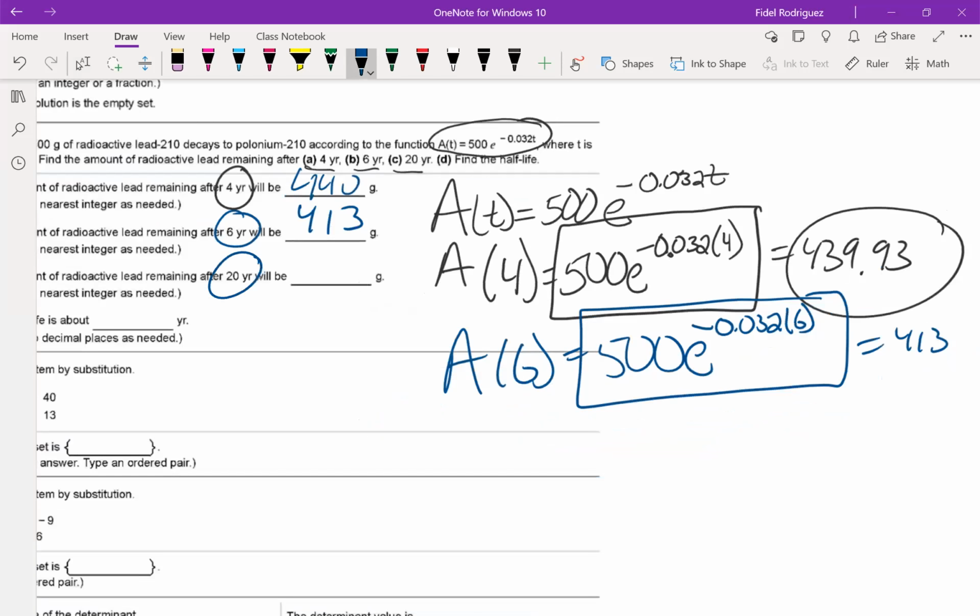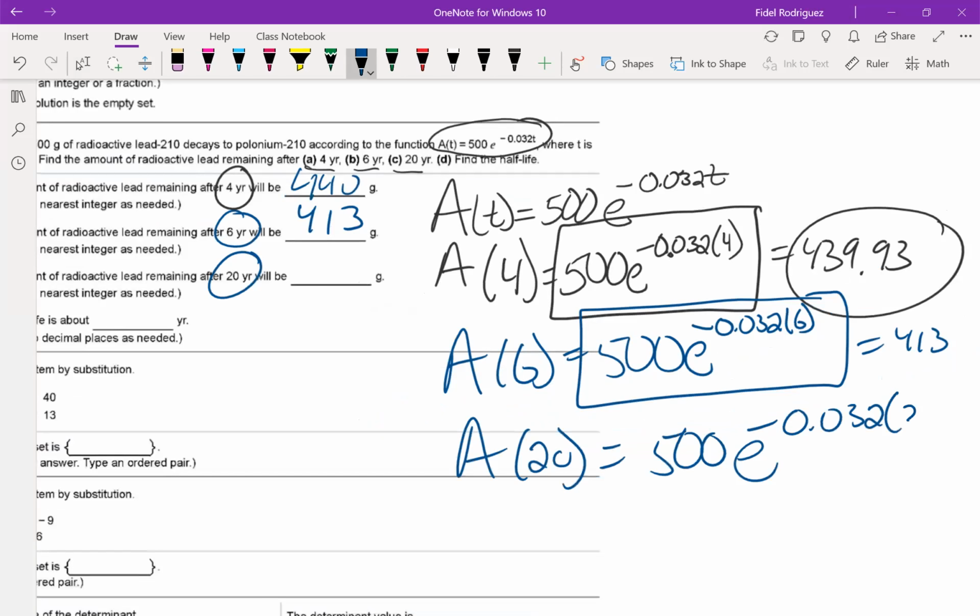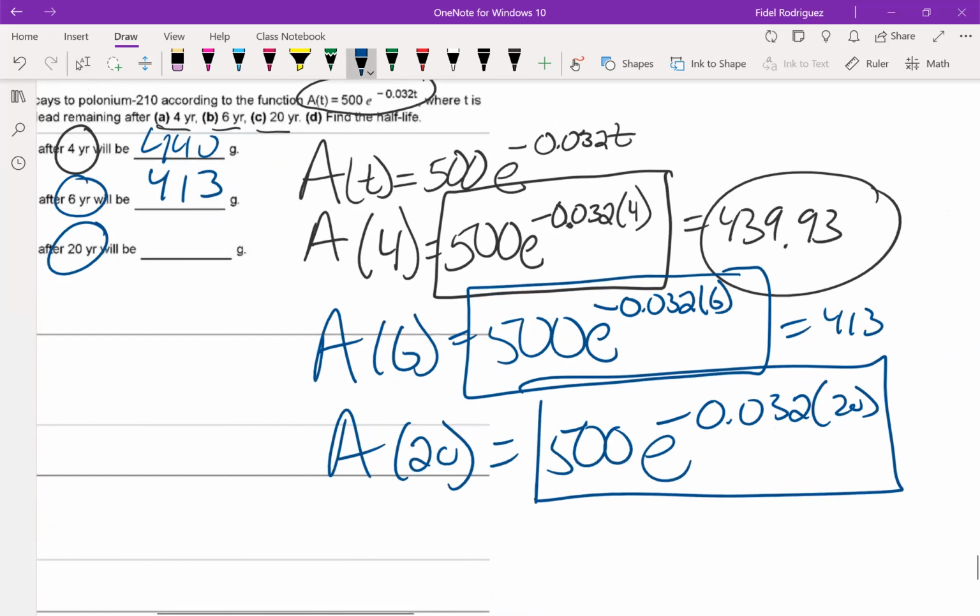Part C, we're doing the same thing, except now we're doing this at 20. And just like we did before, that's the part that I'm entering in on my calculator. Let me pull up my calculator one more time.